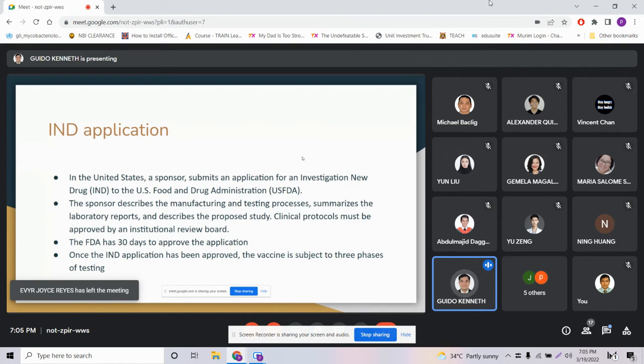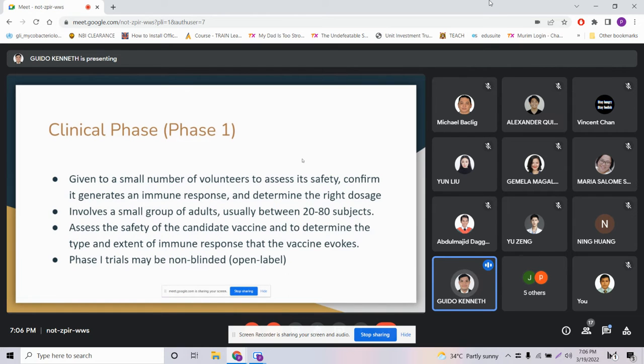In that application, the manufacturing and testing processes are described, laboratory reports are summarized, and the proposed study is also described. Clinical protocols must be approved by an institutional review board. This stage usually takes 30 days. After it is approved, it is given a go signal to do the clinical phase.